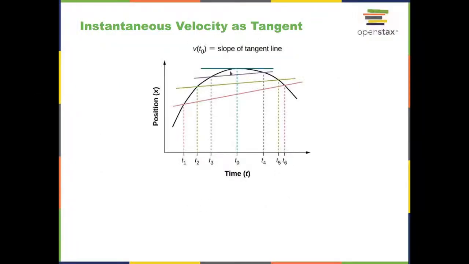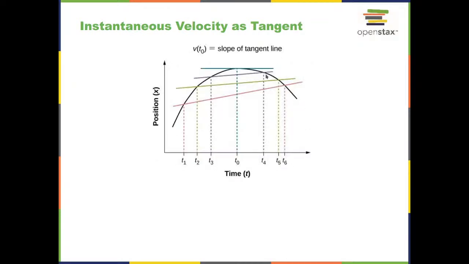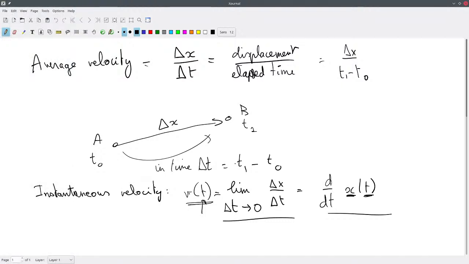So the first derivative of this curve here will give us the instantaneous velocity v as a function of time. Again, those are things that probably are not necessarily new to you, but are important to remind ourselves of. Okay.